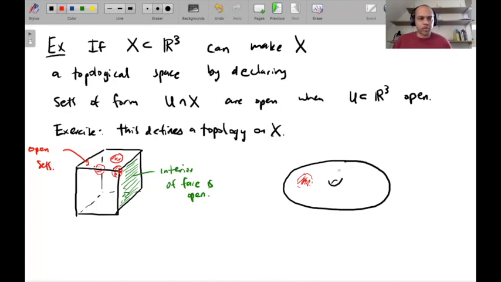And it's important to remember that unions of open sets are open. So if you do that for some sort of region, then you can get open sets that cover maybe the right half here, and so on. Okay, so like I said, getting used to the definition of a topological space will take some time, and we'll spend a little bit of time next time seeing some more examples. All right, let's stop here.